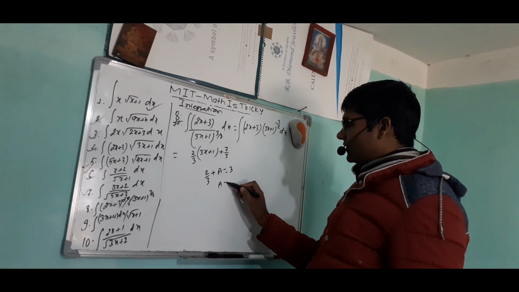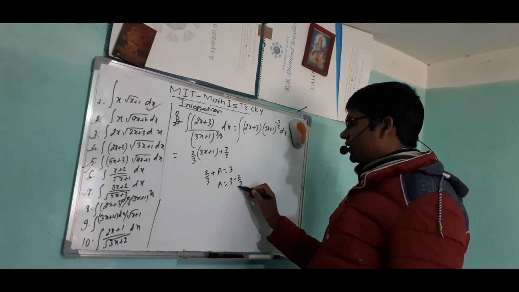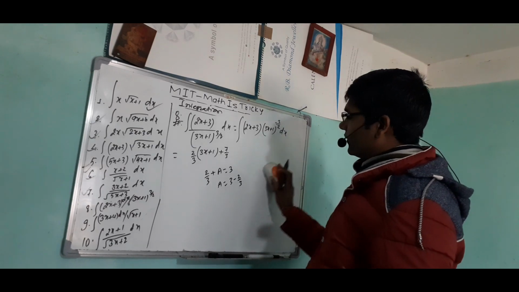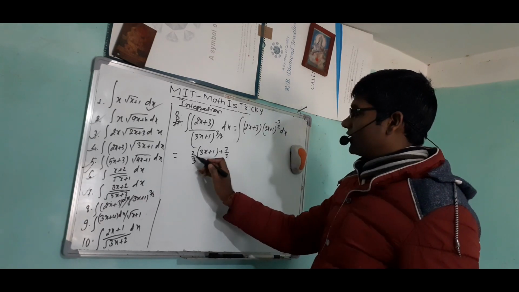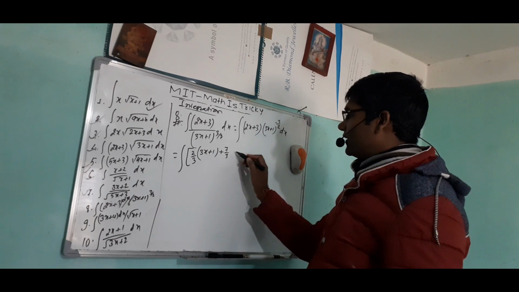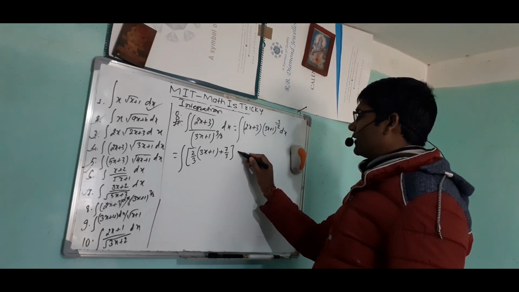So a equals 3 minus 2/3, so 9 minus 2 is 7/3. Okay, so you can do it directly also. Simplify this. Now we have the answer.